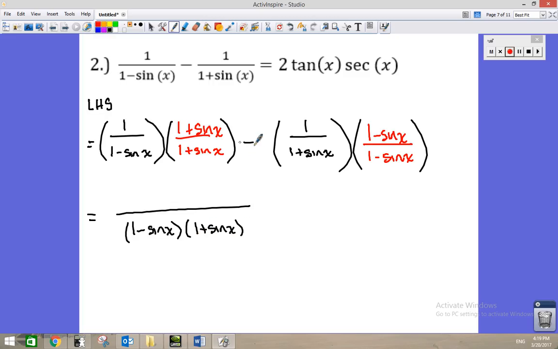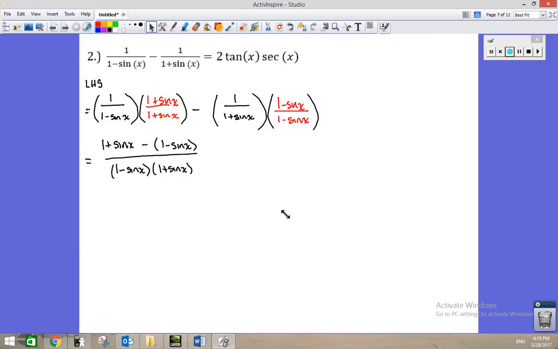Now the operation in the numerator is subtraction. 1 times this, we have this 1 plus sine of x. And now we're subtracting, and be careful, we're subtracting the entire thing, not just our favorite term. Let's see what we get here. 1 minus sine of x times 1 plus sine of x is a minus b times a plus b, which is a squared minus b squared: 1 squared minus sine squared of x.